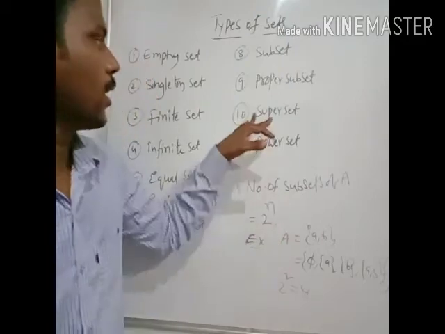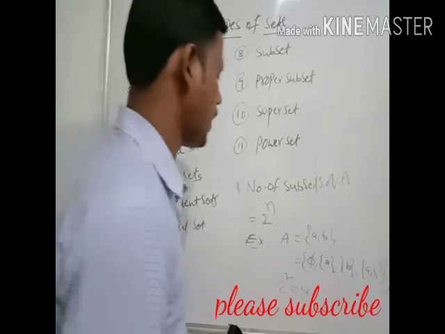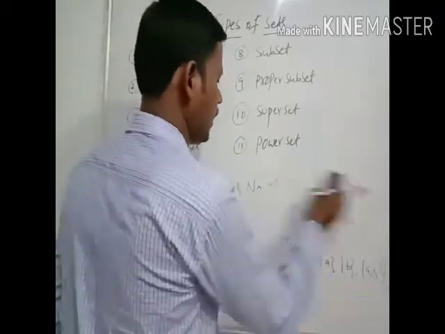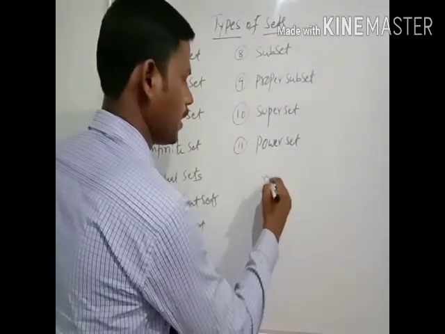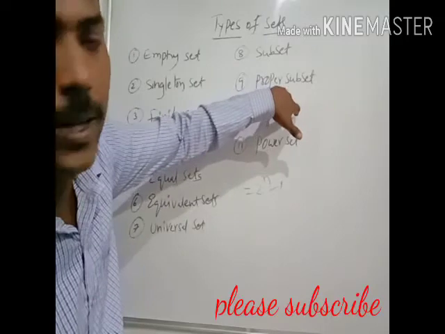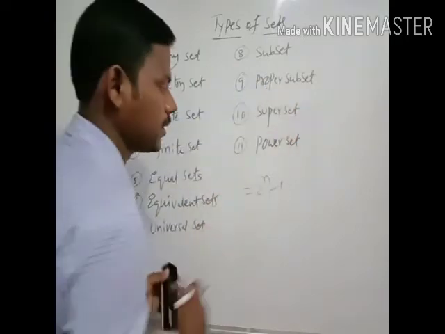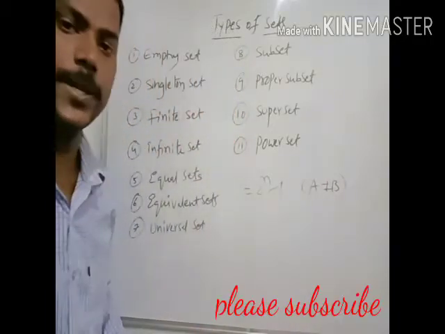Now the number of proper subsets, what, children? 2 to the power of n minus 1. The number of proper subsets formula is 2 to the power of n minus 1. Because the equal set is not included in proper subsets, because A is not equal to B. All remaining subsets are there.